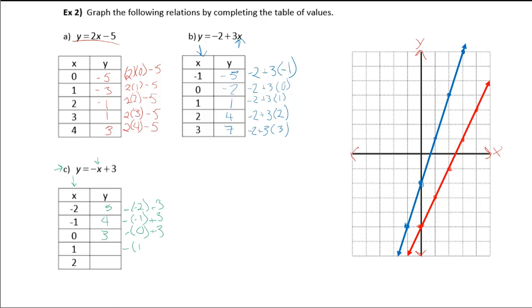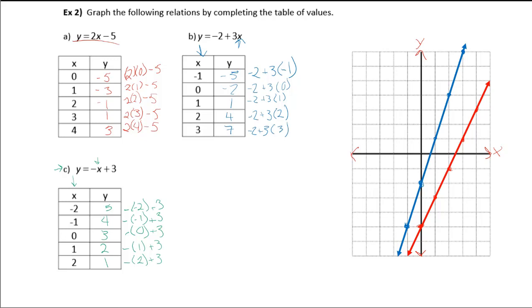Then we sub in 1. So negative 1 plus 3. Negative 1 becomes negative 1. So negative 1 plus 3 is just 2. Then negative 2 plus 3. Negative 2 plus 3 becomes just positive 1.